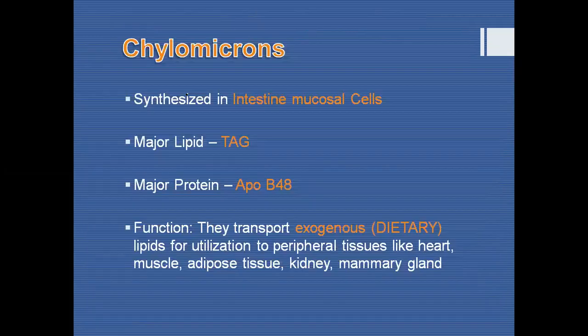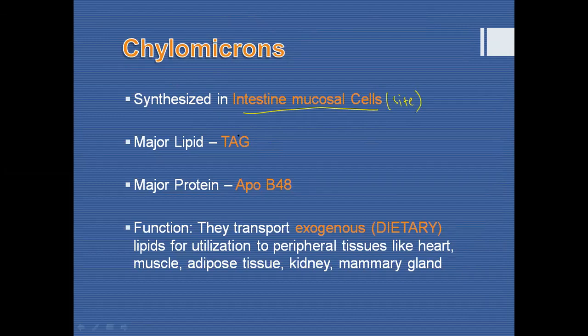Now coming to the individual metabolism. First we will discuss the metabolism of chylomicrons. The chylomicrons are synthesized in the intestinal mucosal cell. So the site for the synthesis of chylomicron is the intestinal mucosal cell.